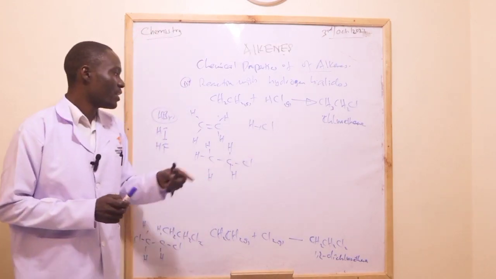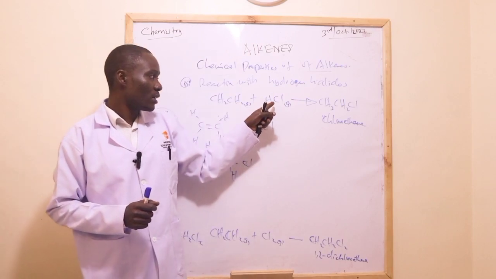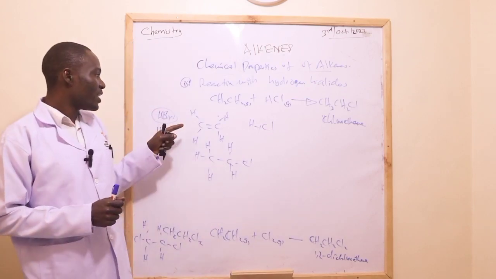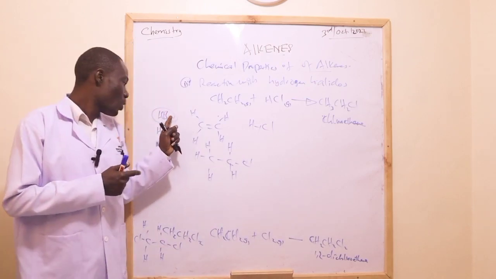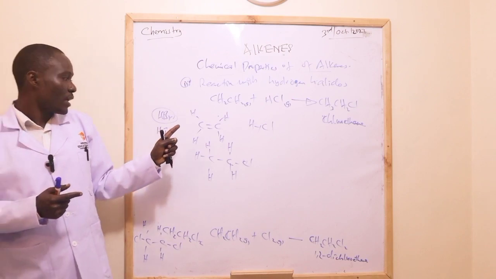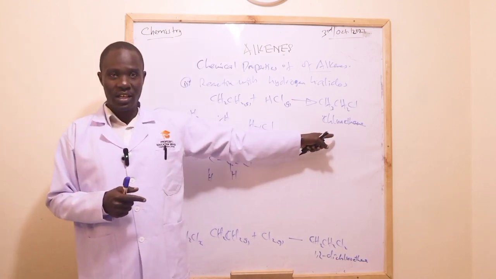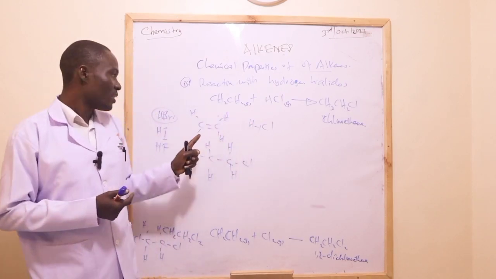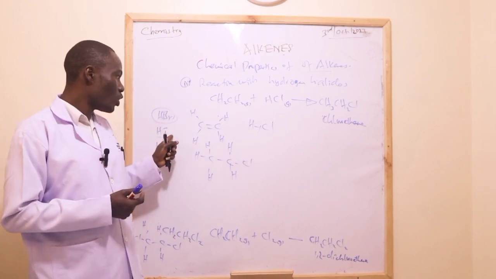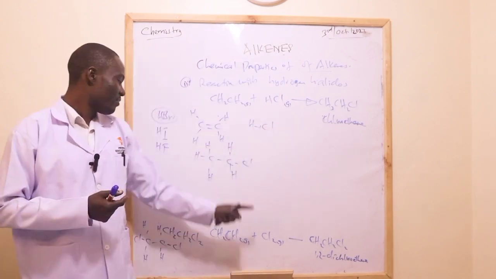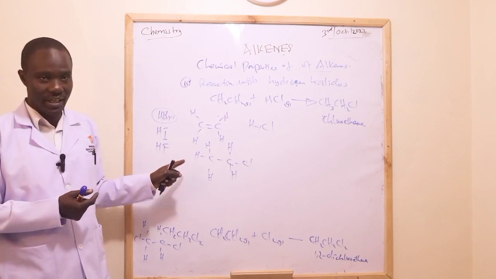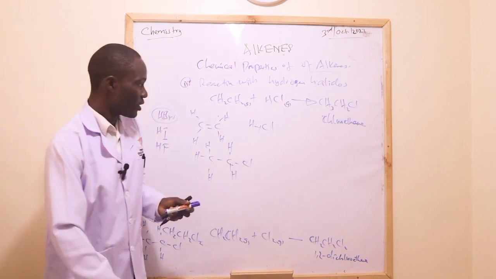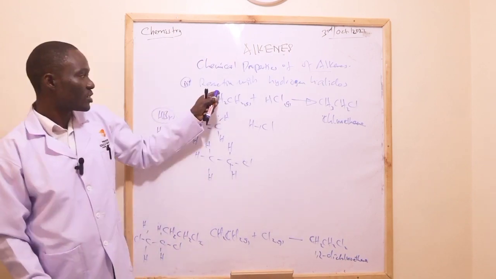So when ethene reacts with hydrogen chloride, it forms chloroethane. When it reacts with hydrogen bromide, it forms bromoethane. If it reacts with hydrogen iodide, it forms iodoethane. And finally, if it reacts with hydrogen fluoride, it forms fluoroethane.